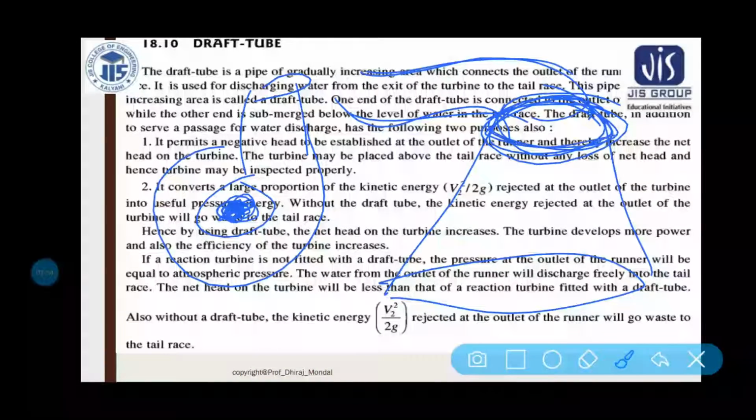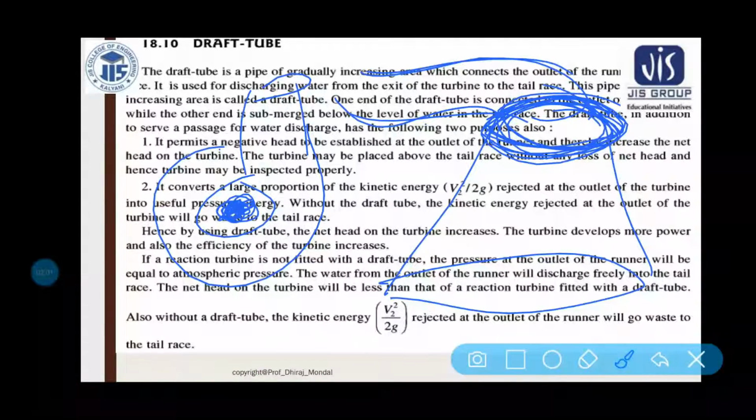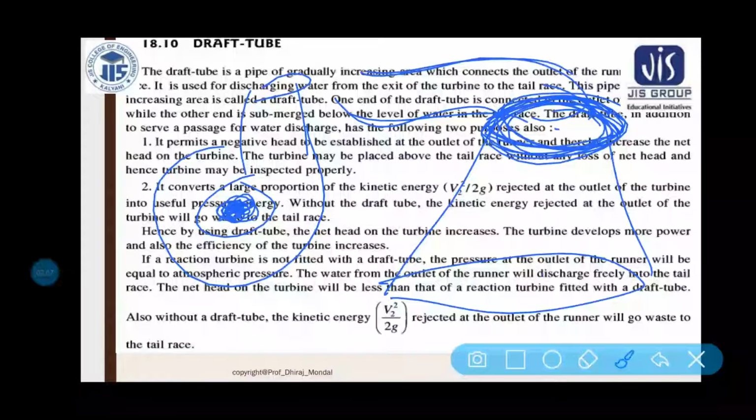So the water cannot come out from the outlet of the turbine directly. As the outlet pressure is vacuum pressure, we have to reach up to atmospheric pressure so that the water will be discharged.